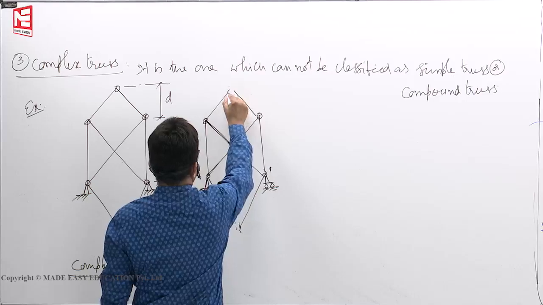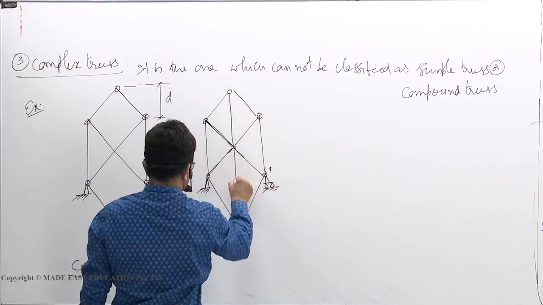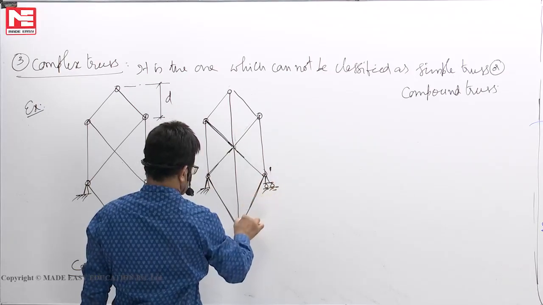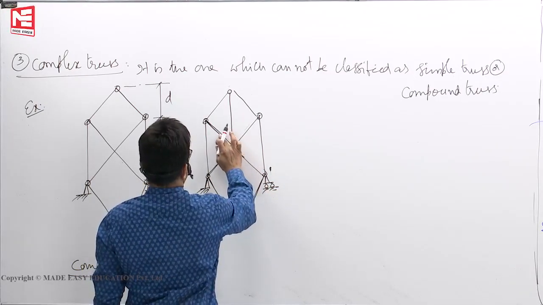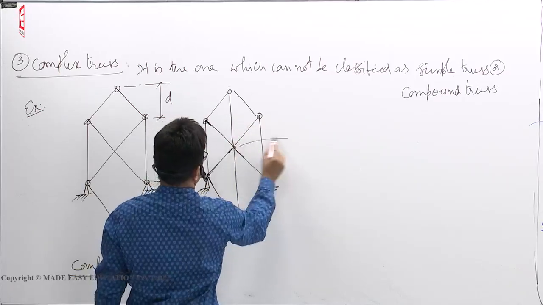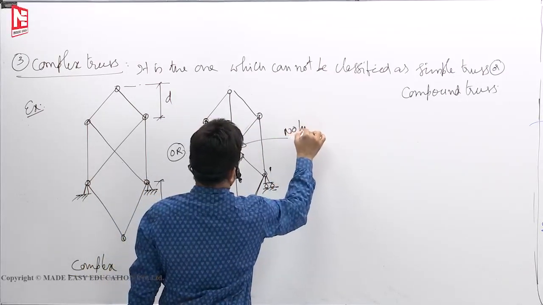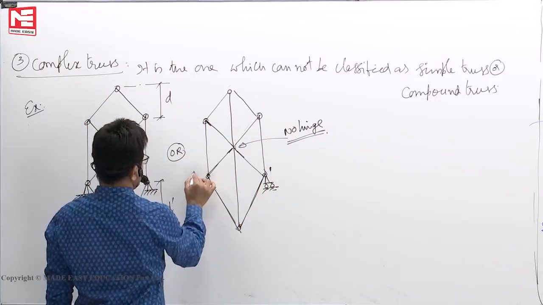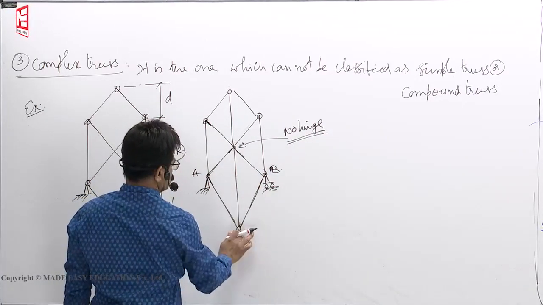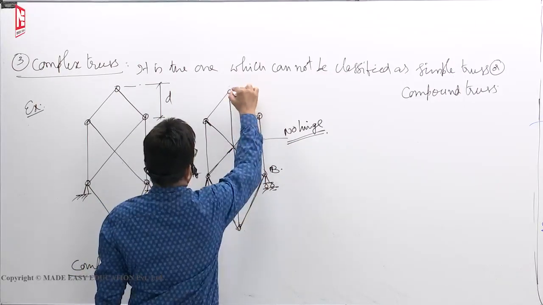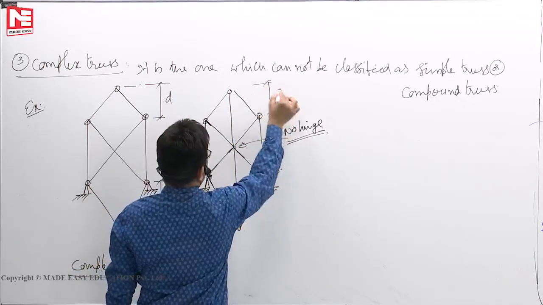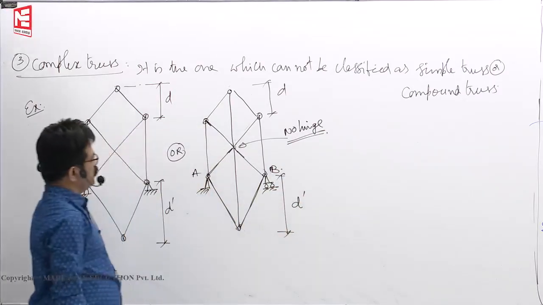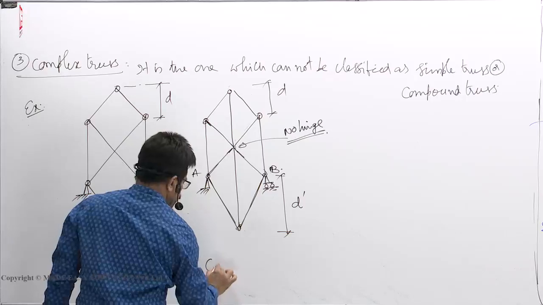No joint here. No hinge. So this is B. This point also let us say D. This depth let us say D dash. So this is also a complex truss.